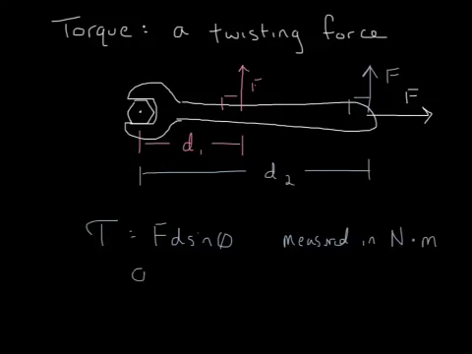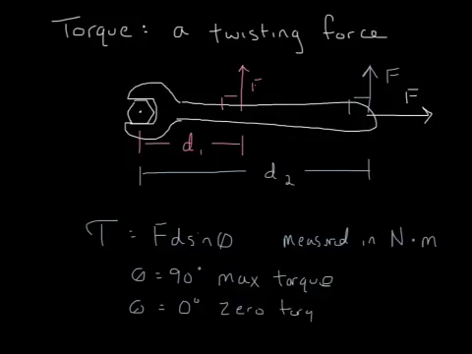So when theta equals 90 degrees, that's when we're going to get our maximum amount of torque, because the sine of 90 degrees equals 1. But if that angle equals 0 degrees, then we are going to get 0 torque. And that's because the sine of 0 equals 0.